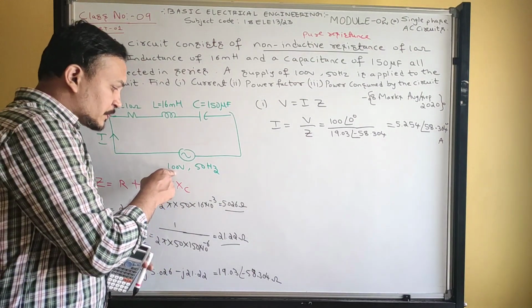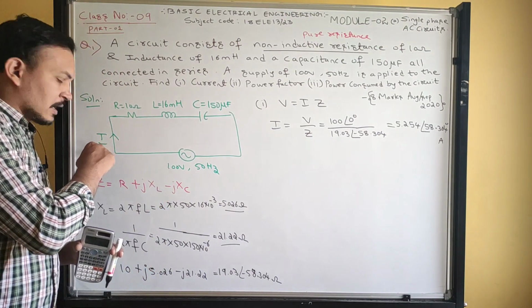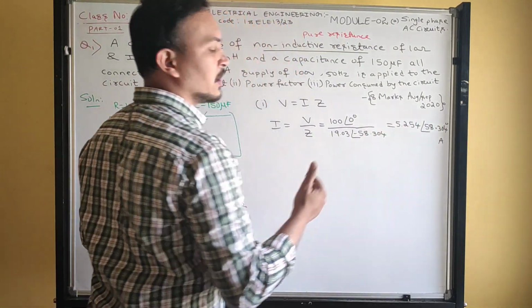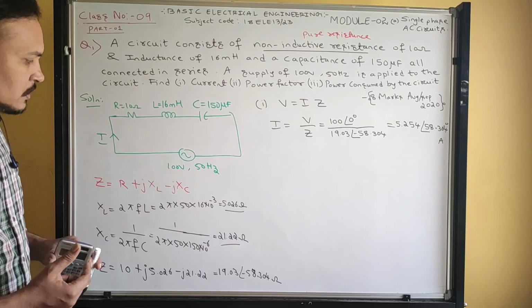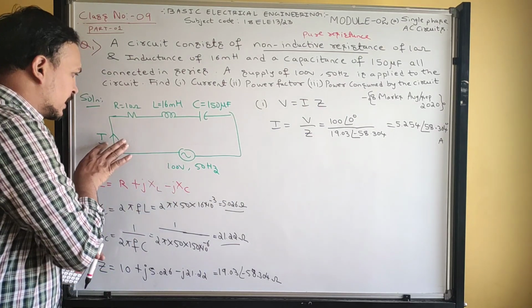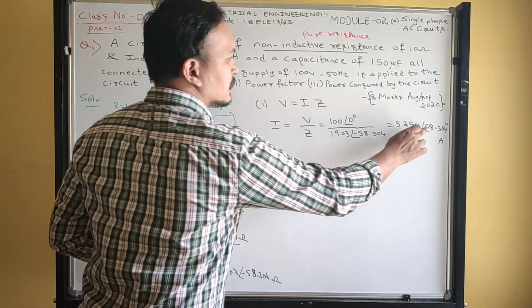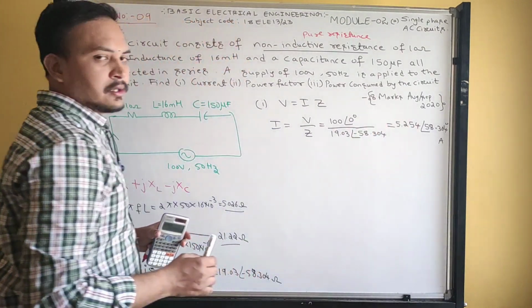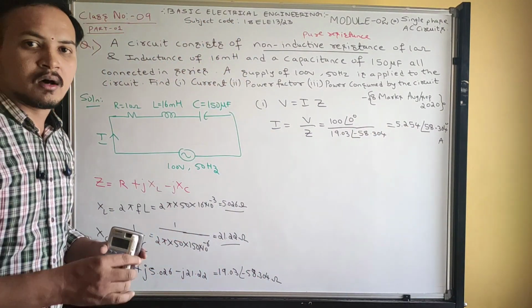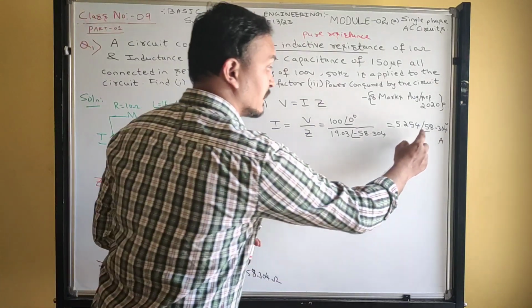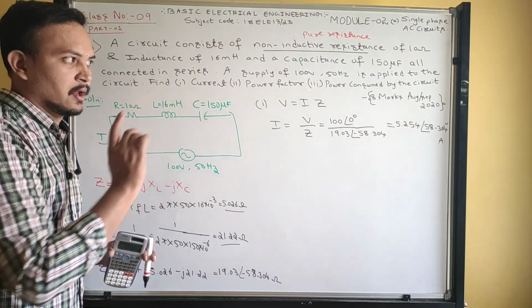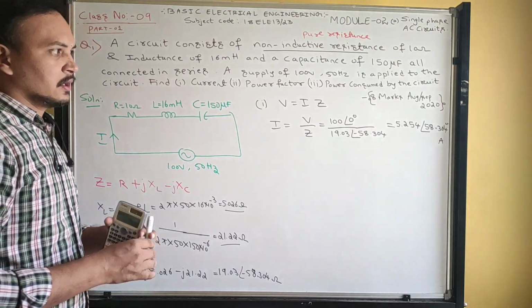With respect to voltage, this current leads the voltage by how many degrees? 58.304 degrees. In current, the angle indicates with respect to the reference whether it leads or lags. If we got a positive angle, then current leads the voltage by that angle, 58.304 degrees.